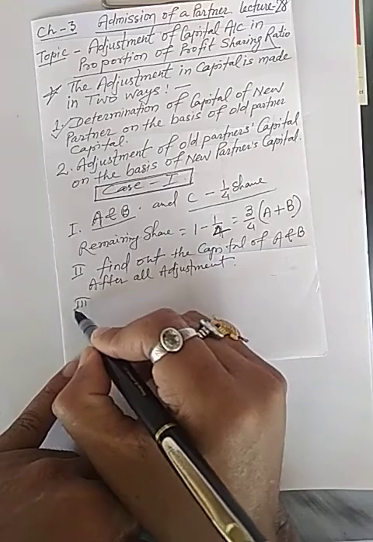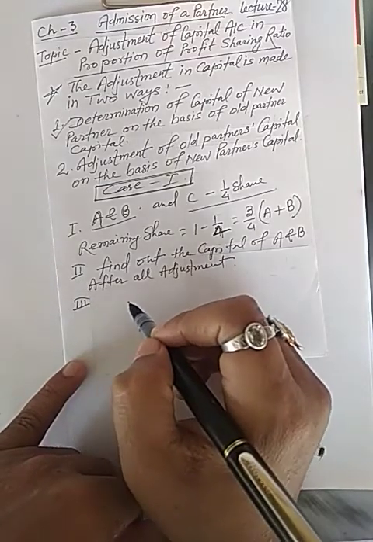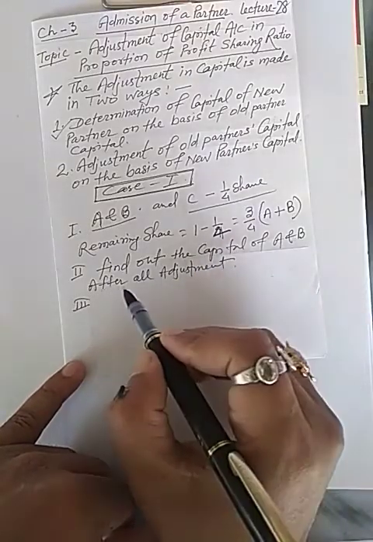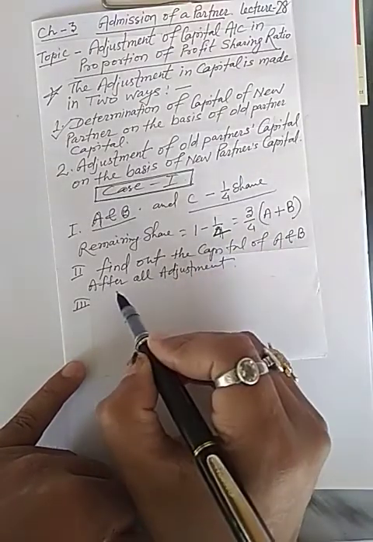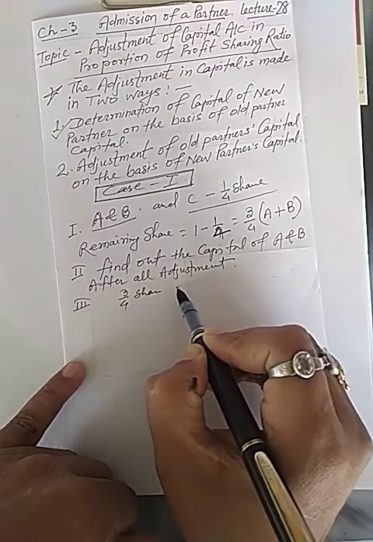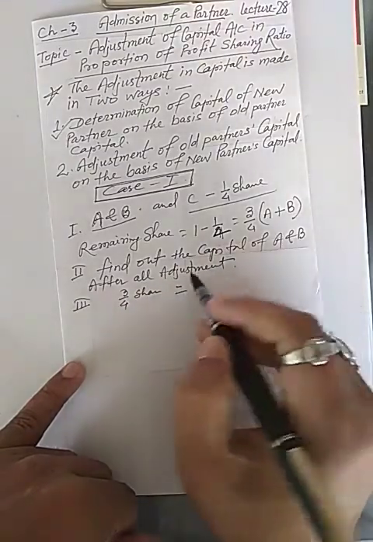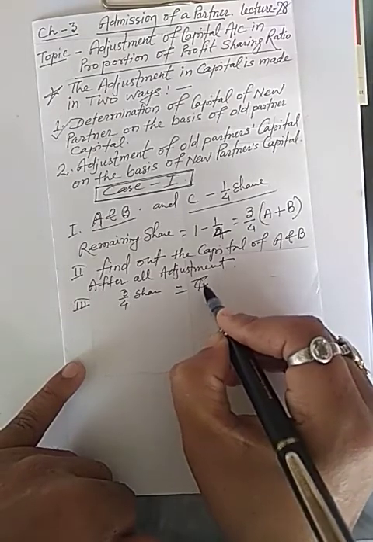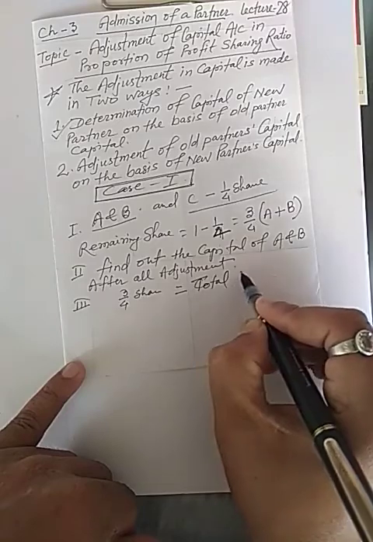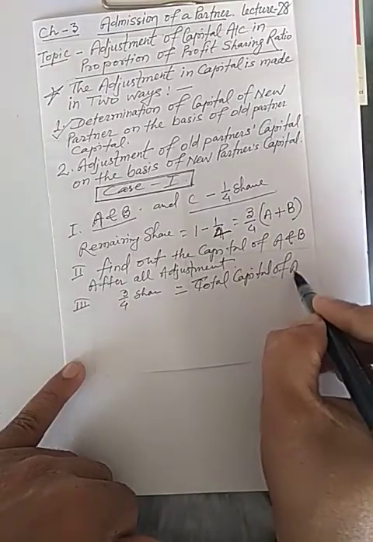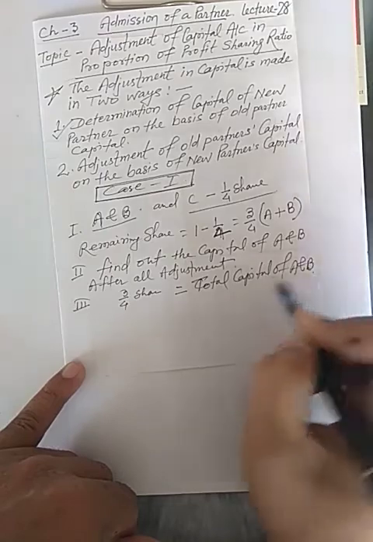Third step will be, now we will calculate 3/4 share equal to total capital of A and B.